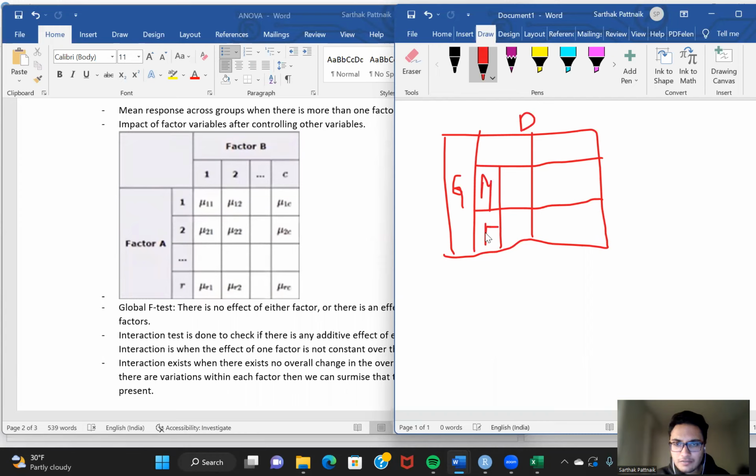There is male, there is female, there is drug A, and there is drug B. Let us suppose we have these four values, and for each of the mean values, let us suppose I have 10, I have 20, and let us suppose I have 25 and I have 5.